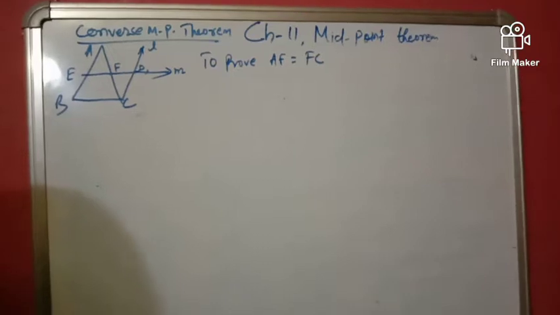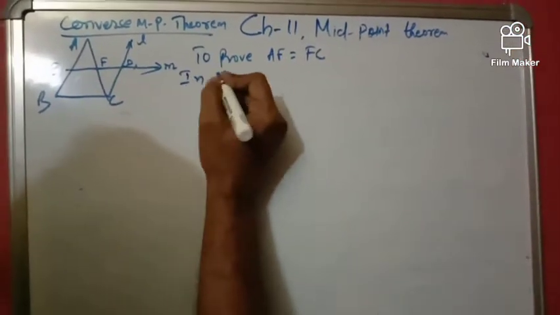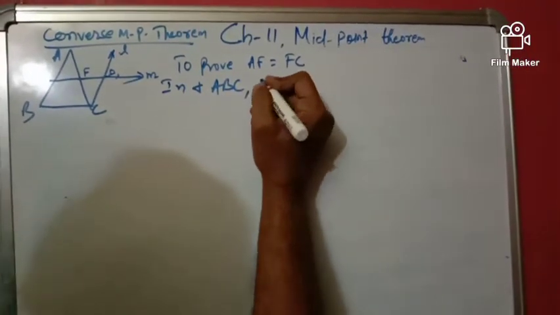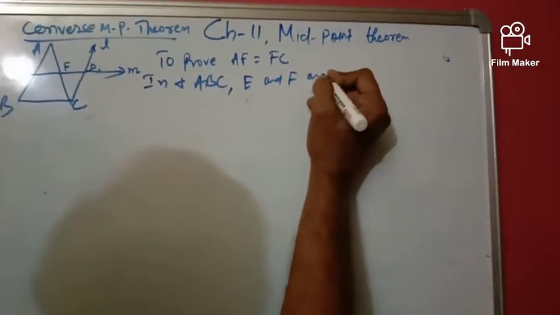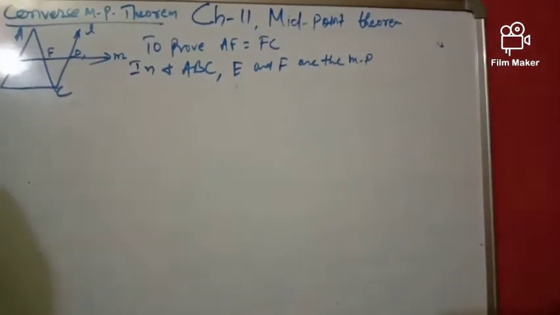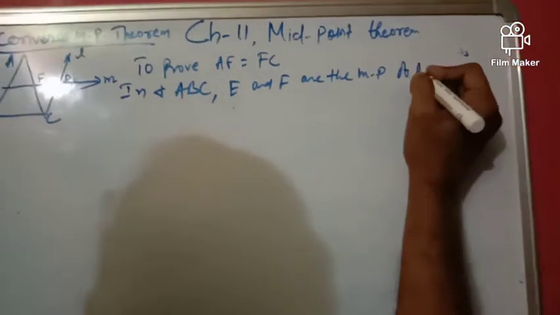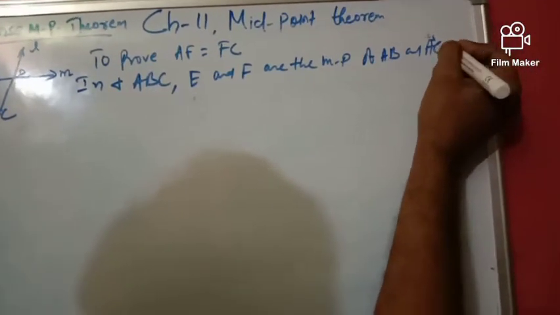It is already given that in triangle ABC, E and F are the midpoints of AB and AC respectively.